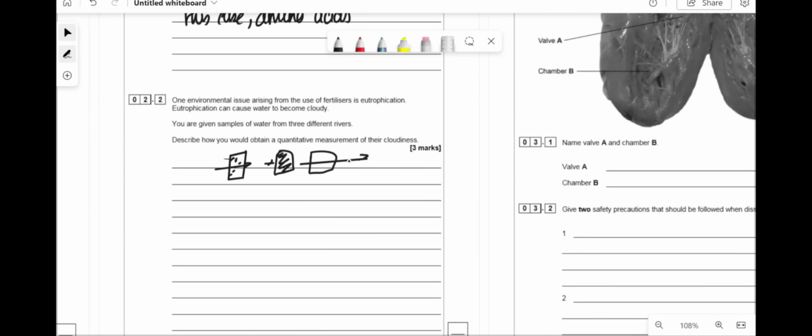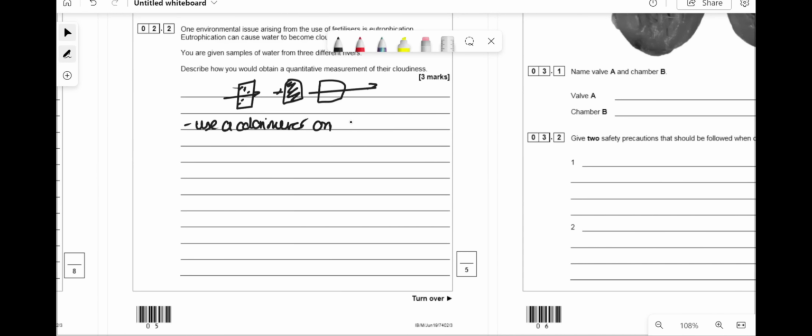So we need to think of a way to measure the amount of light coming through and put numbers to it. And that would be using a colorimeter. So use a colorimeter on each sample. You measure the absorbance. You need to tell them what you're actually measuring. Absorbance. And then you just plot on a graph.